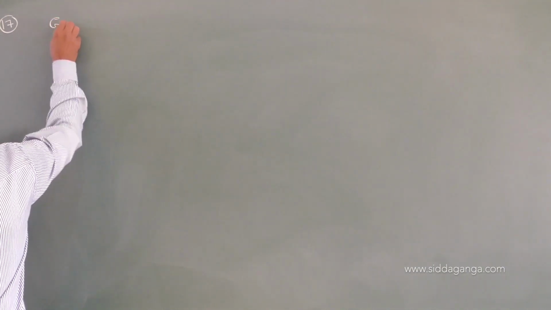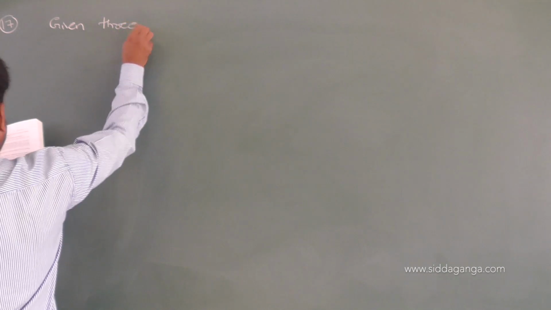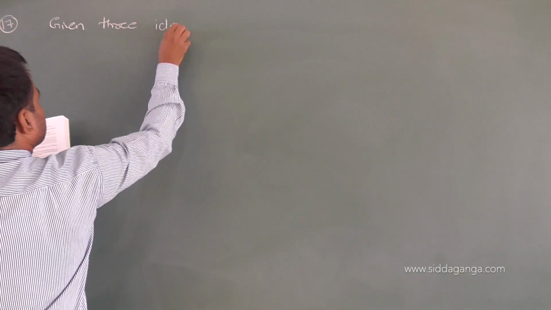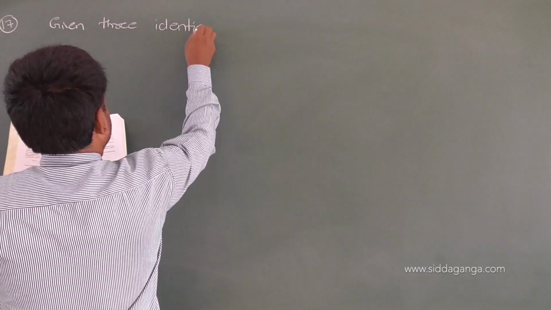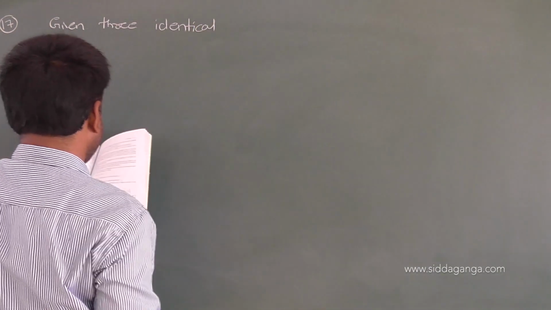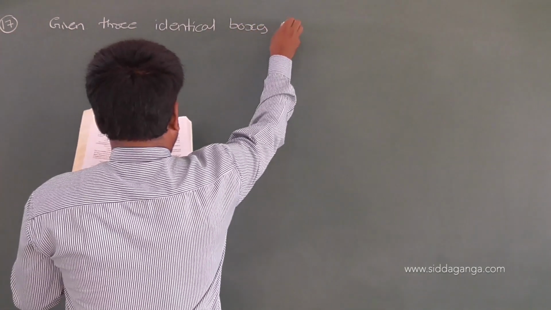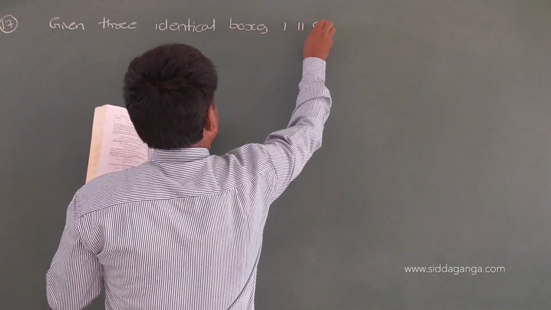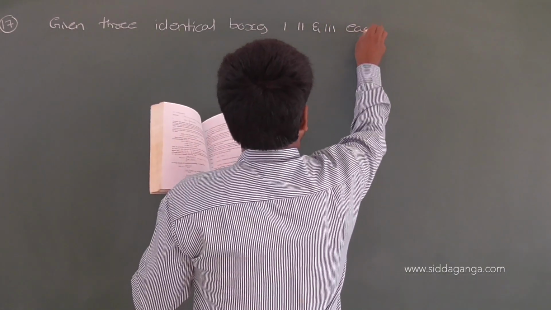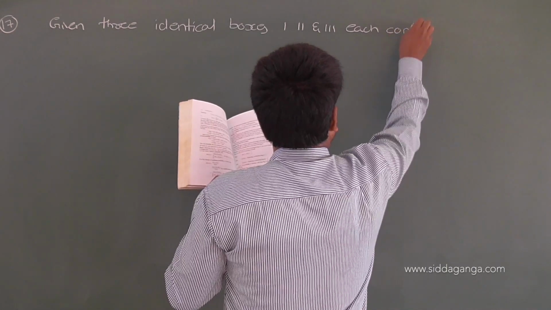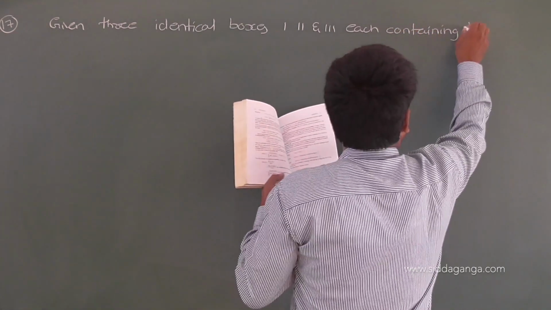Given 3 identical boxes, first, second and third, each containing 2 coins.